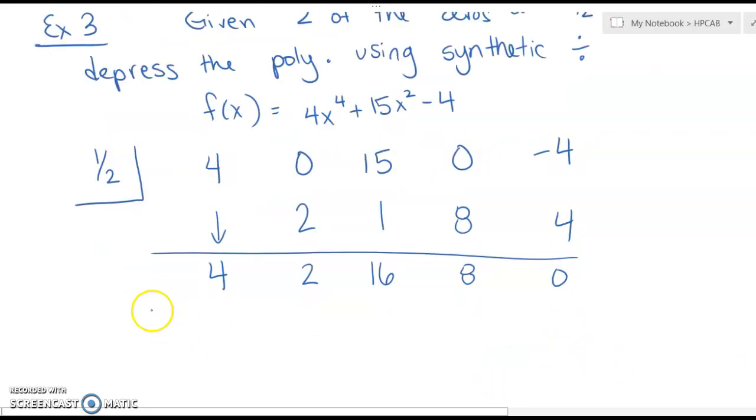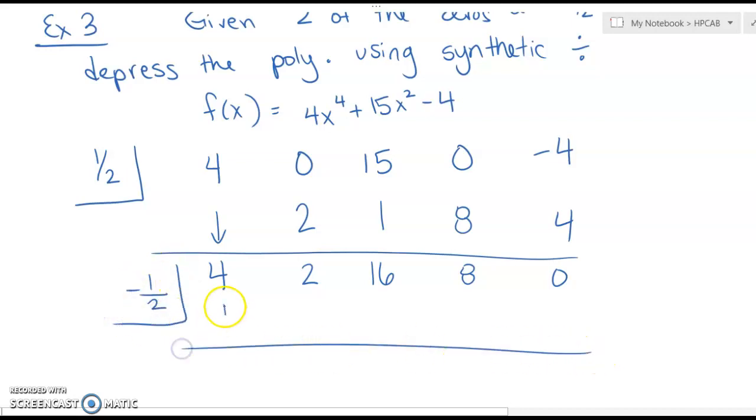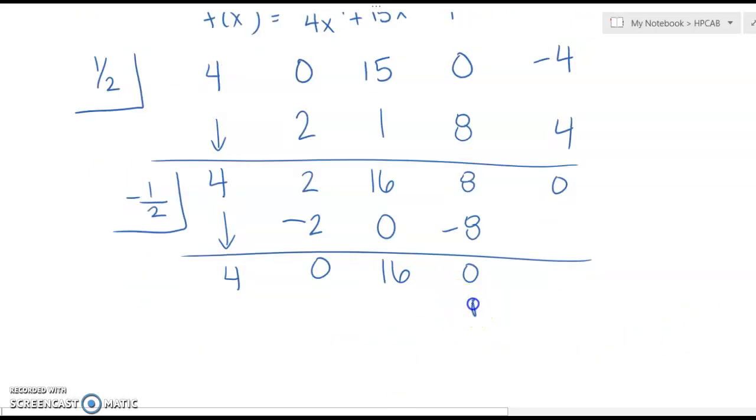Then we're going to do it again, all right, with the other factor, -1/2. Again, you bring down the first term, 4. -1/2 of 4 is -2. Add, you get 0. Multiply, you get 0. Add, you get 16. Multiply, you get -8. Add, you get 0. All right. So this is our remainder, this is our constant, this is our x, and this is our x squared.